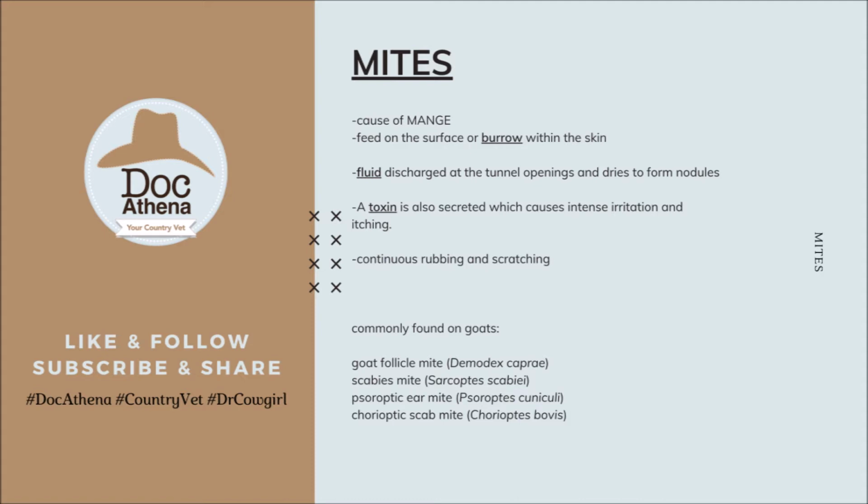So these are the raised or elevated parts of the skin that we see abnormally on the skin of the animals with mites. Also, mites secrete a toxin that causes intense irritation and itching, therefore causing the animal to have continuous rubbing and scratching.